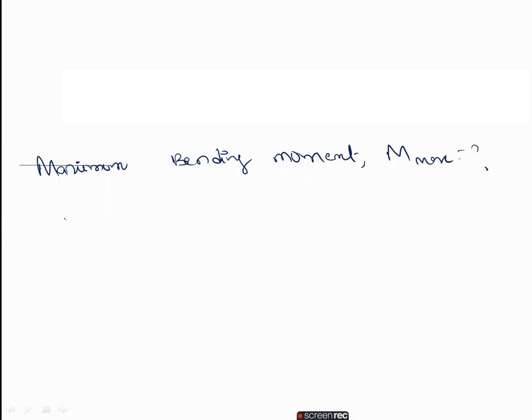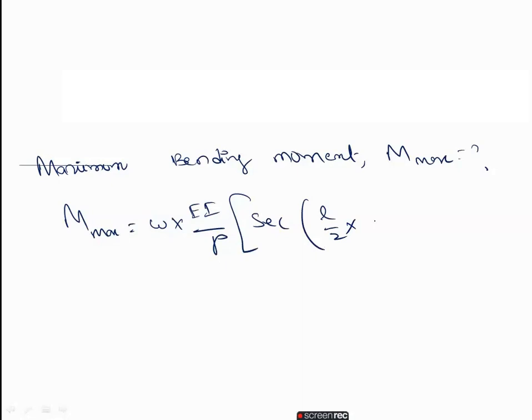Now I will write maximum bending moment, Mmax equal to. The formula for Mmax is W into EI by P into secant of L by 2 square root of P by EI minus 1. W is nothing but 6 into 10 cube.